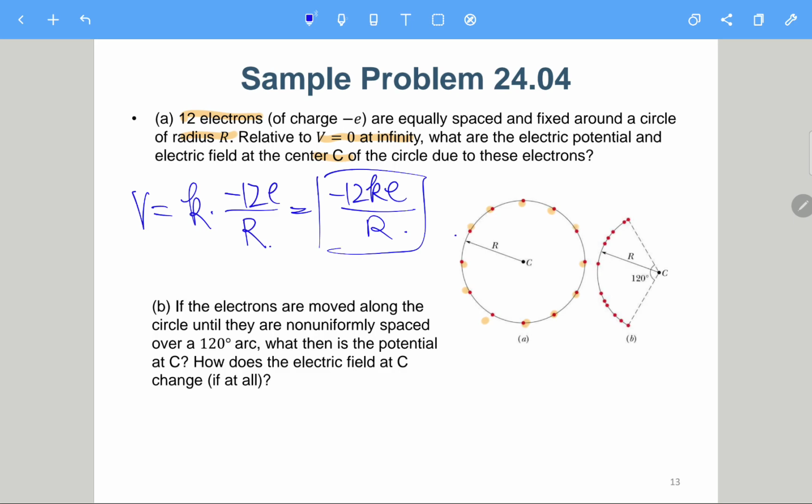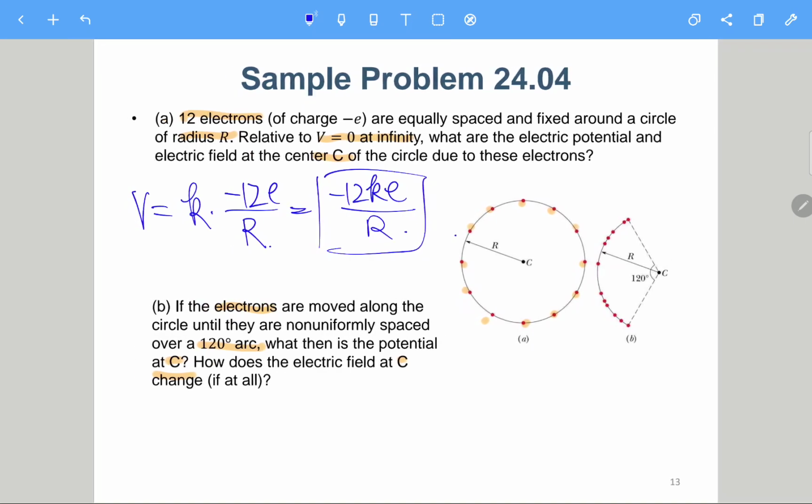Now it asks, if the electrons are moved along the circle until they are uniformly spaced over a 120-degree arc, what then is the potential at C? How does the electric field at C change, if at all?